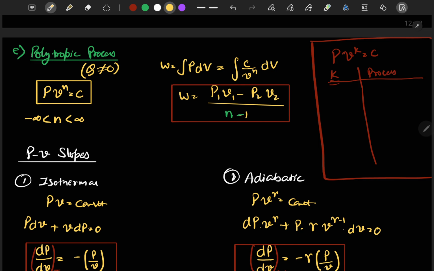Let's put the value of k first to be 0. Then the process becomes P = constant, a constant pressure process. If k is equal to 1, the process becomes isothermal, PV = constant. If k is equal to n, between 1 and gamma, the process becomes polytropic.